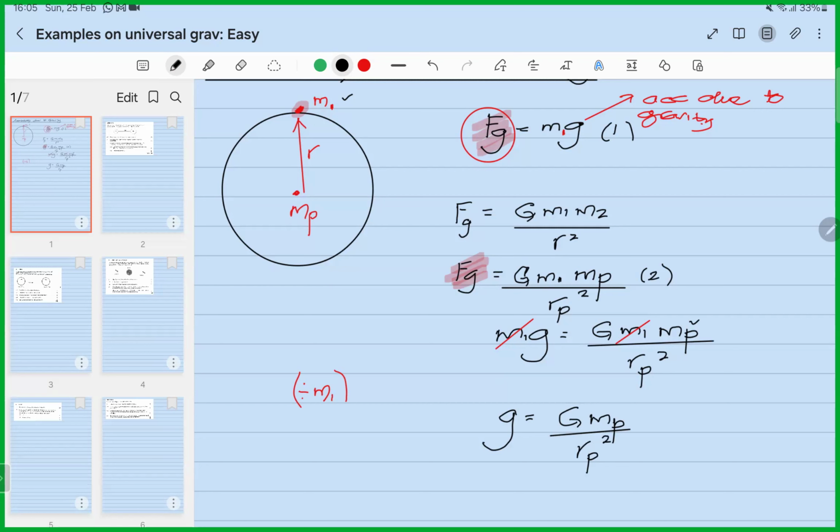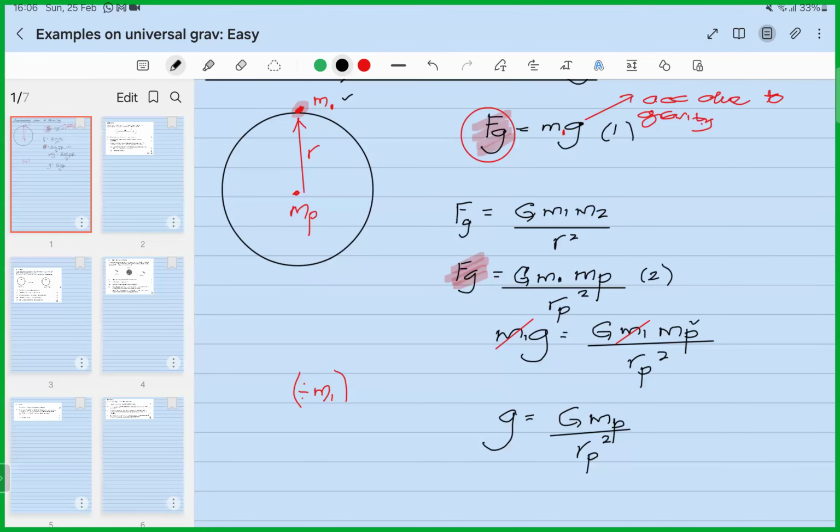Now I want to show you that this formula actually works. We know that the value for g on our planet is 9.8. So if we know the mass of Earth, and if we know the radius of Earth, we should be able to work out the acceleration due to gravity on our planet.